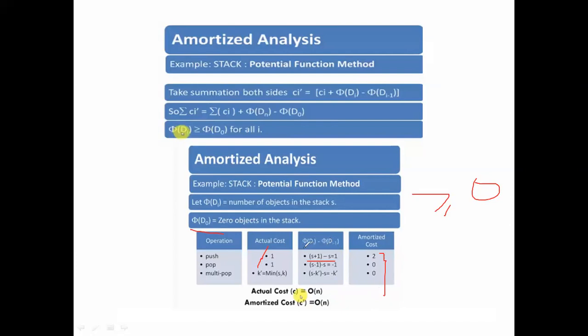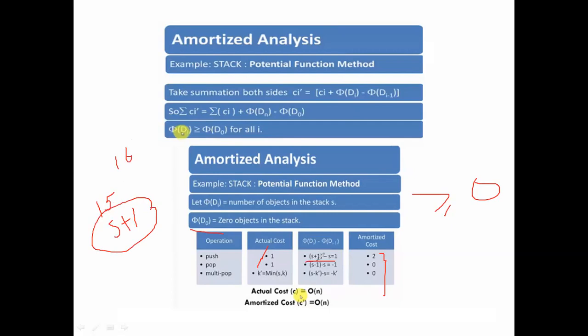Actually in this condition we store some elements in the stack. For example, we have 15 elements in the stack. If we want to insert another element, then there are 16 elements. So this is S, and when we insert one element again, we call it S plus 1. So this is the initial condition.